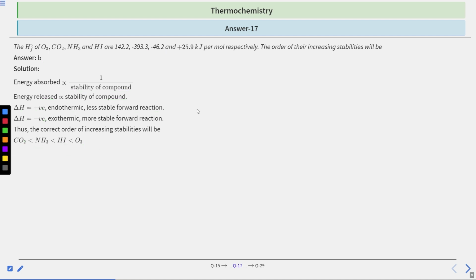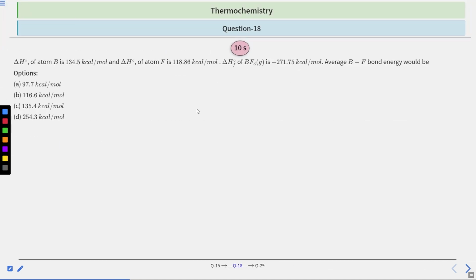So let's move to the next question, question number 18. Del H naught of atom B is 134.5 kilocalorie per mole, and del H naught of atom F is 118.86 kilocalorie per mole. So del HF naught of BF3 molecule is minus 271.75 kilocalorie per mole.